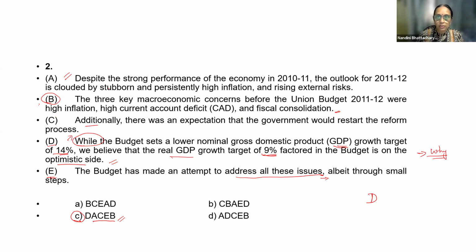Now, if you look at it carefully, the three key macroeconomic concerns before the union budget. Three key macroeconomic concerns. What can be paired with this? Additionally, there was an expectation.